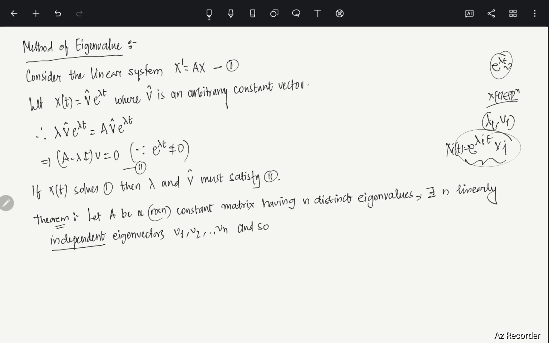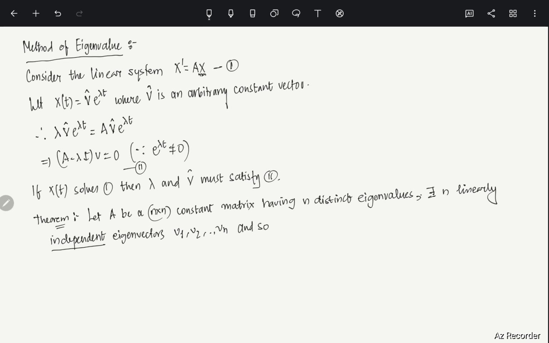Since A is an n cross n system, we know that the solution space is of dimension n. So there should be n linearly independent solutions.